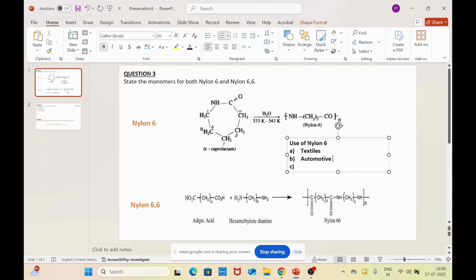Apart from automotives, nylon 6 is also used in biomedical industries, specifically for making surgical sutures, catheters, and biomedical textiles. That makes nylon 6 a very attractive polymer.